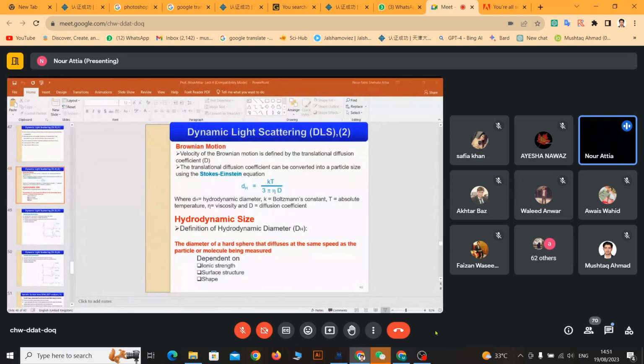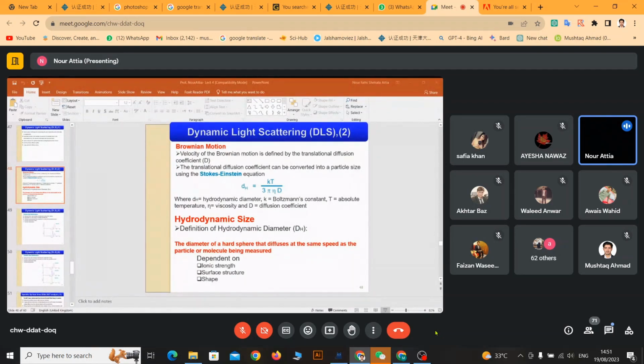For example, you prepared silver nanoparticles or gold or iron or nickel and you want to use it as an anti-cancer agent or for any biological application, then you have to make a colloidal solution and measure using DLS.